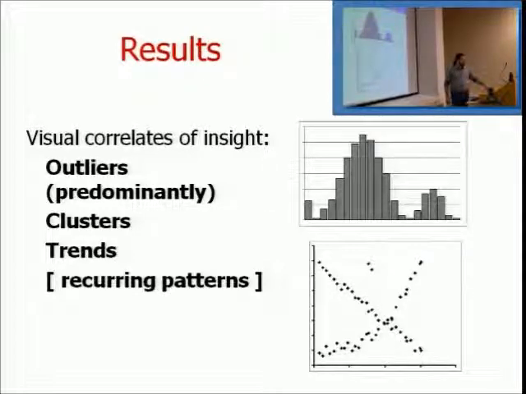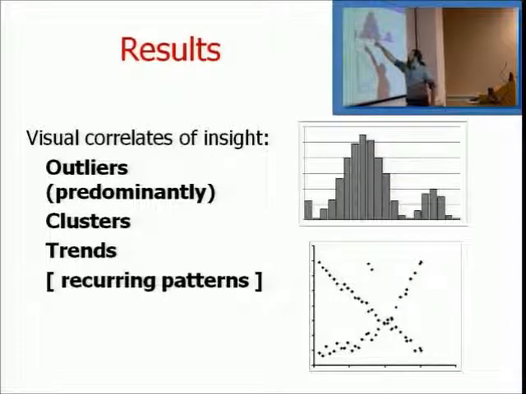Researchers in our study visualize data predominantly to find outliers, clusters, and trends. And there are some recurrent patterns, I'm not sure whether they're clusters or trends, but predominantly outliers. So the visual parsing of a graph like this would be cluster, cluster, outlier, trend, trend.